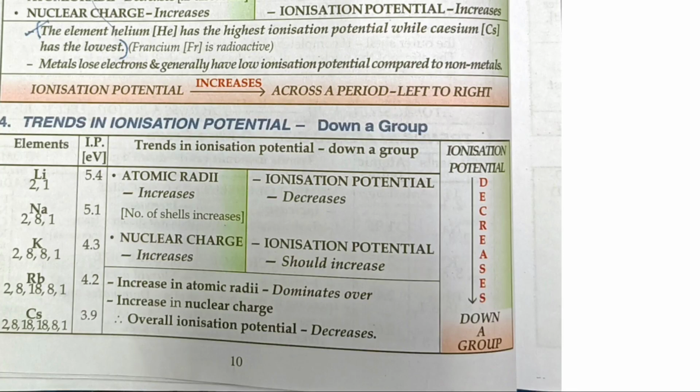So the conclusion is that ionization potential or ionization energy increases from left to right and decreases down the group.